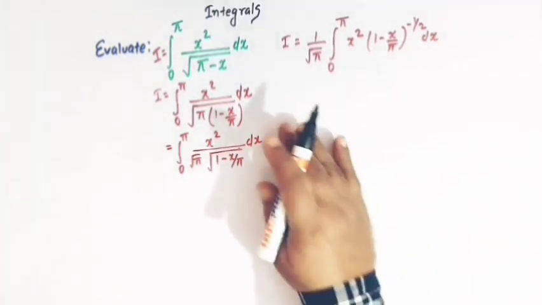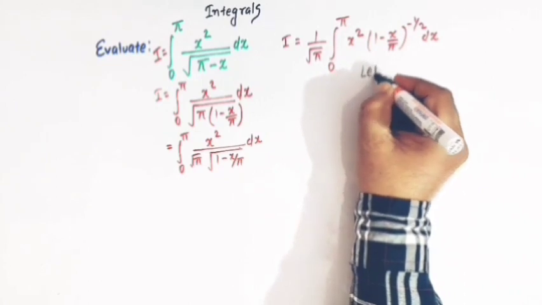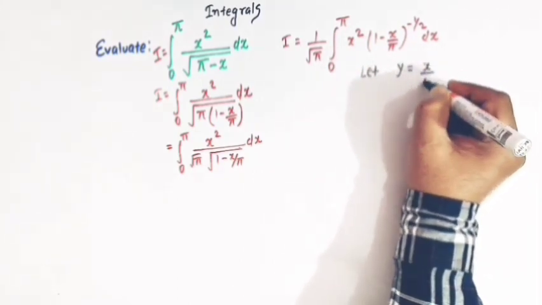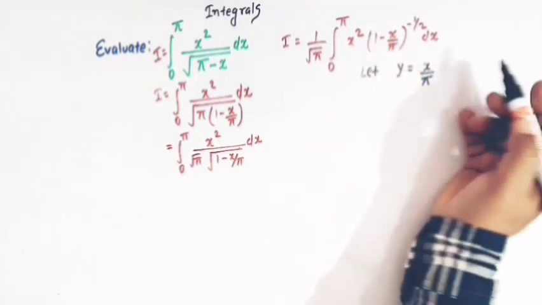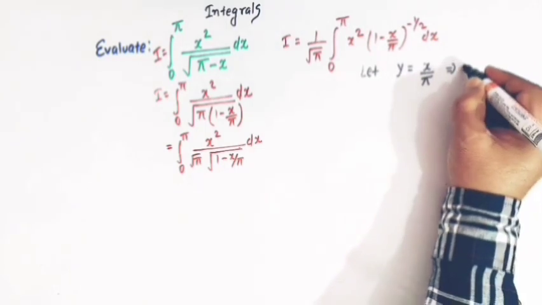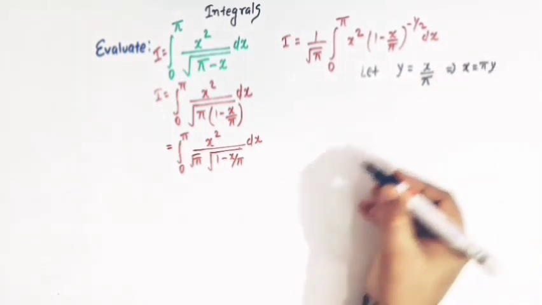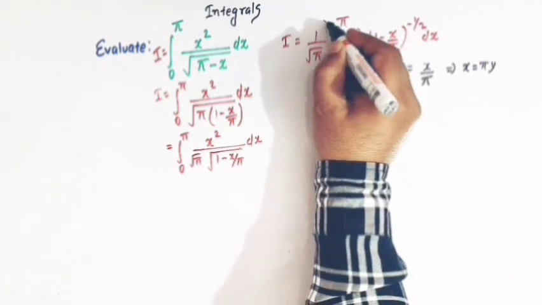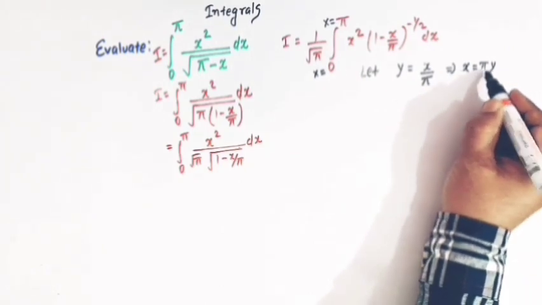Now let us make use of the substitution method, and let us take y equal to x/π, right? So this implies that x is equal to πy, and here we see that the value of x varies from 0 to π.